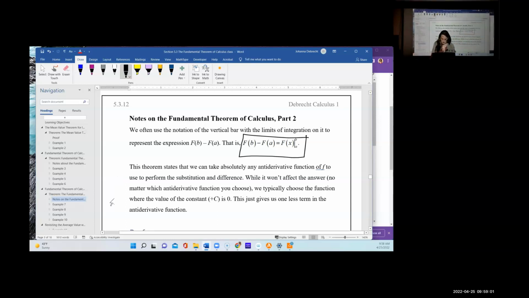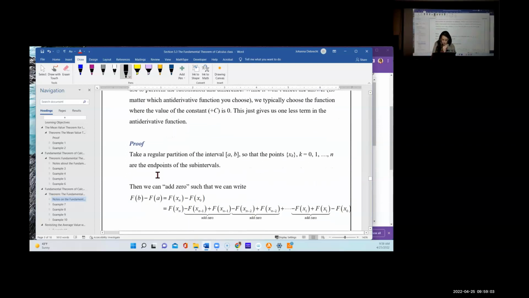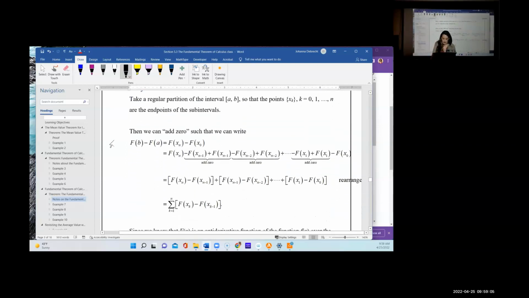So now let's go ahead and look at the proof. Again, it is the most important theorem in all of calculus, and so we need to at least look at the proof and see how it's done. This is just giving you an idea of different techniques that can be used. So we start with our left-hand side and our right-hand side, which was f of b minus f of a.